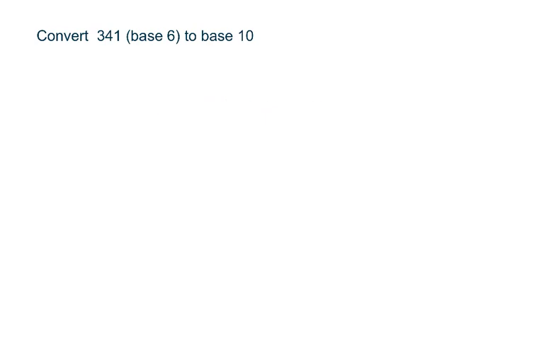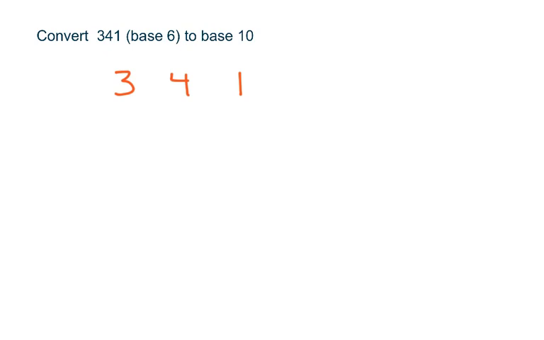Here we're going to convert 341 base 6 to base 10. So the number we've been given, 3, 4, 1, base 6. We have to think about the fact that we're in base 6, so these aren't 1s, 10s, and 100s.